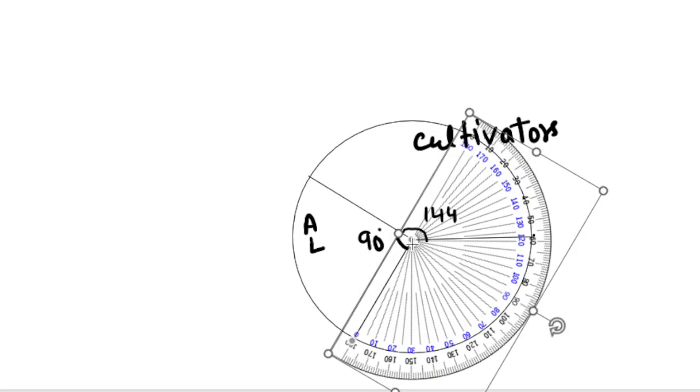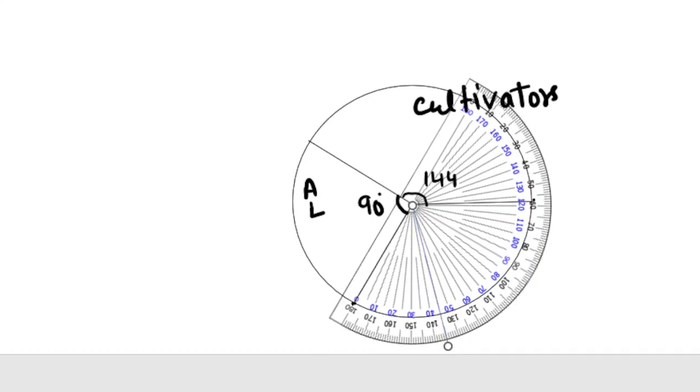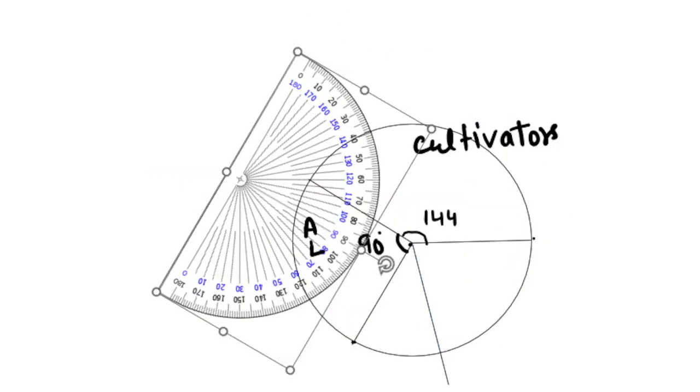Now 45 degree. Okay. So from here 45 degree, it is 0, 10, 20, 30, 45. Okay. You can see this is 45, right? Okay. So now, yes, we will not cross the circumference.